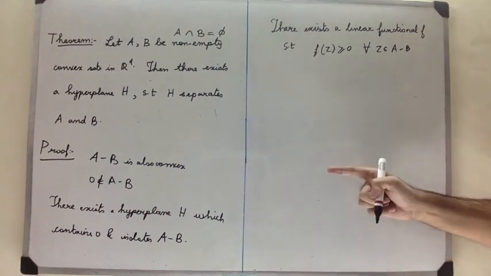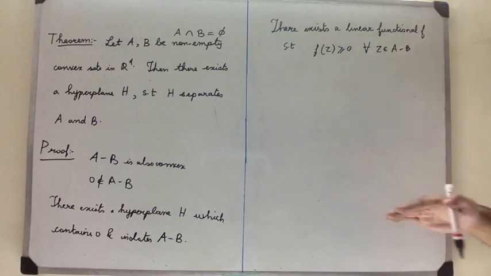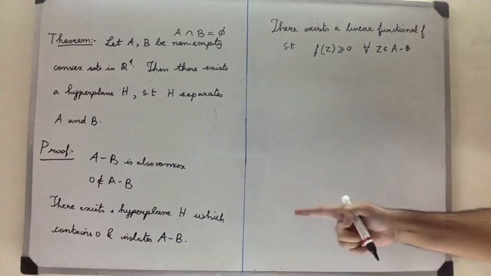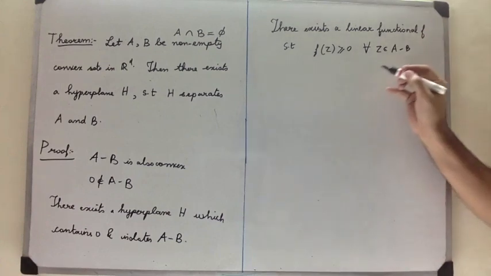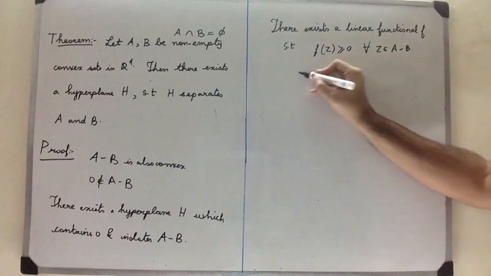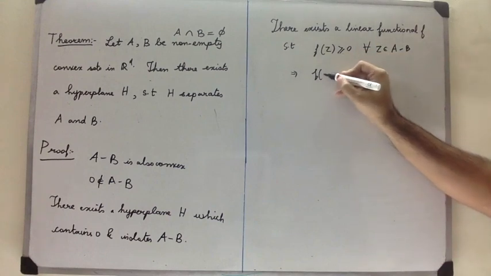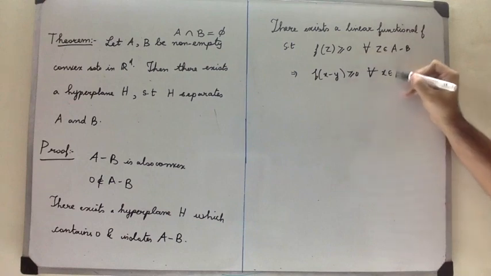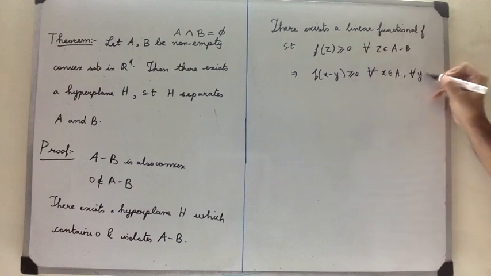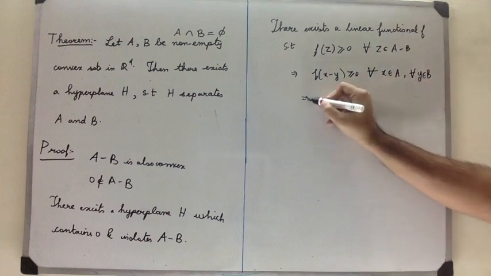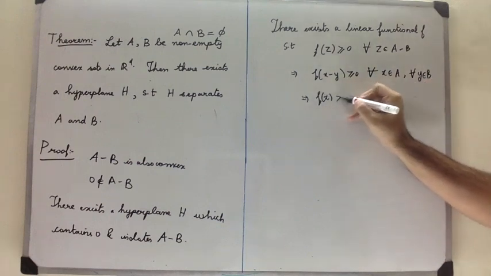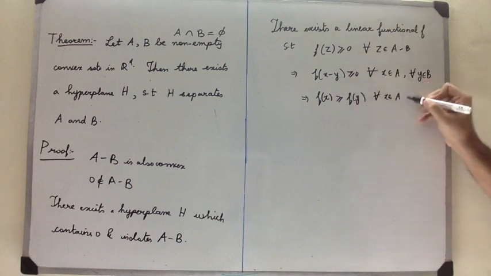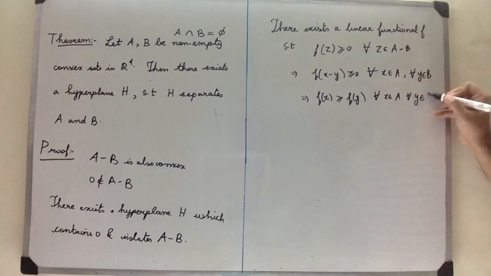By hyperplane we mean a set where some linear functional f is a constant. Since the hyperplane passes through 0, that constant has to be 0. This implies that f of x minus y is greater than or equal to 0 for all x element of A and for all y element of B. So this means that f of x is greater than or equal to f of y for all x element of A and for all y element of B.